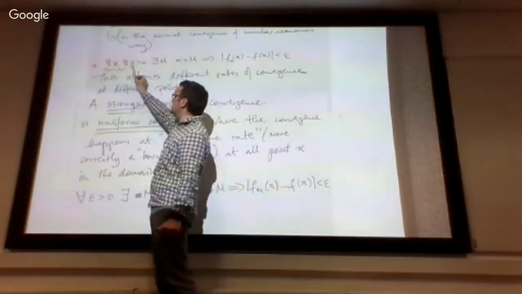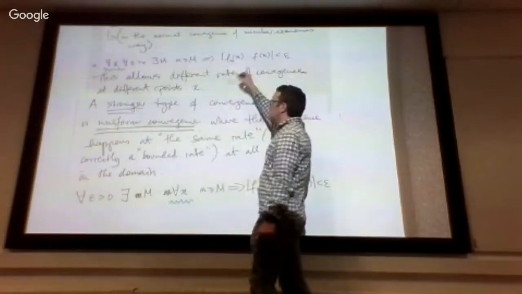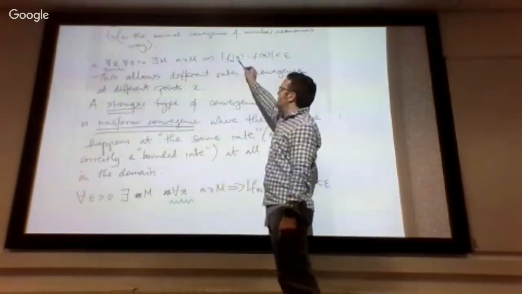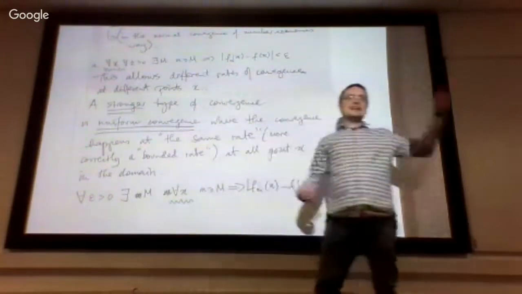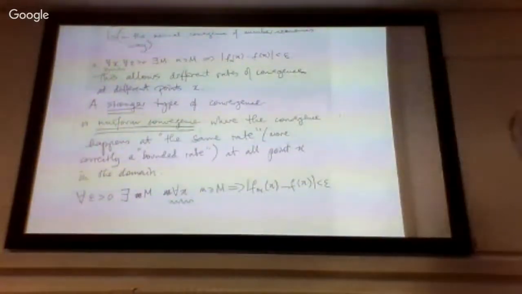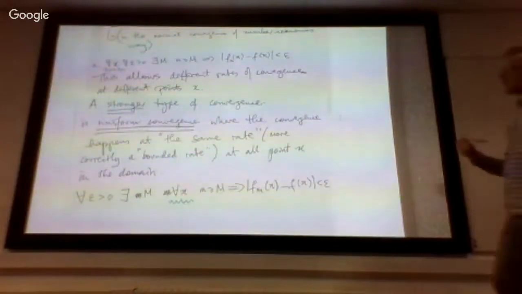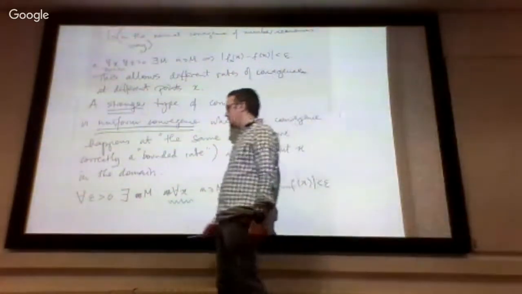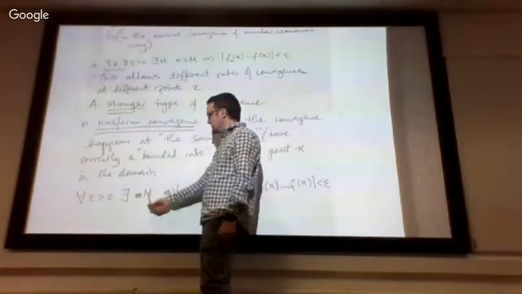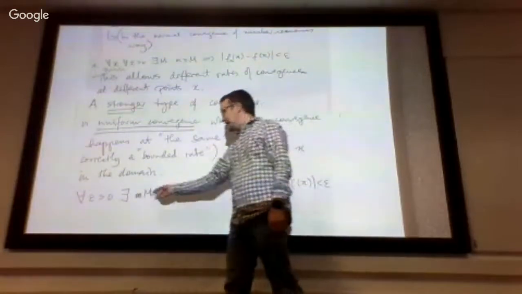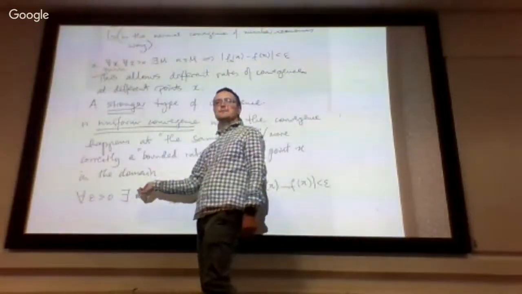So the epsilon closeness might be achieved very early on for certain values of x, and very late, much further on, for other values of x, okay? But the uniform convergence says for a given value of epsilon, the epsilon closeness is achieved at all points x after a certain point, okay?